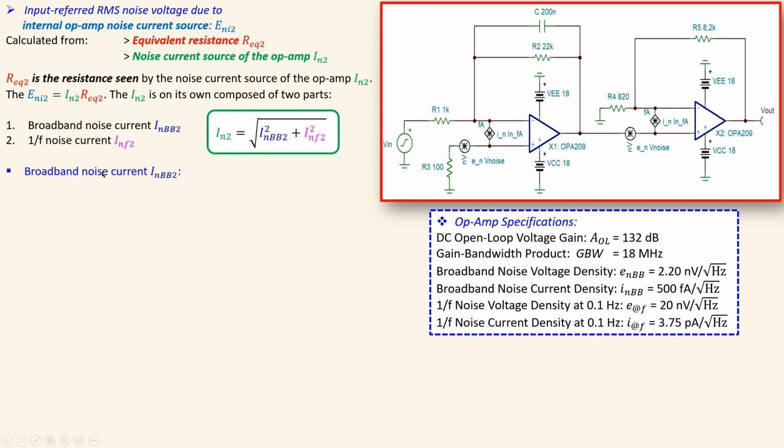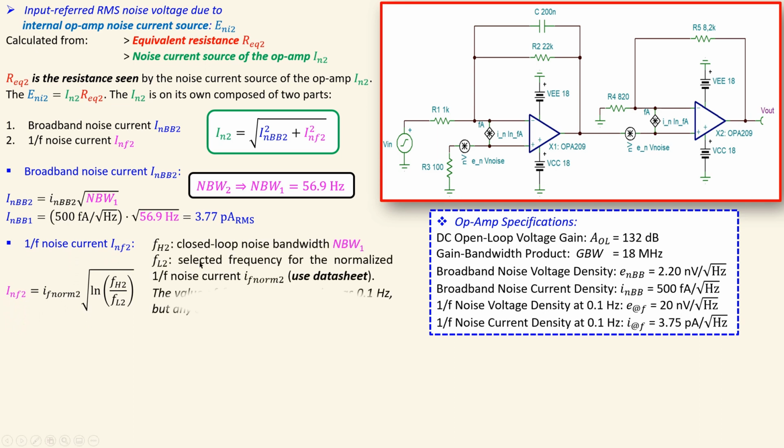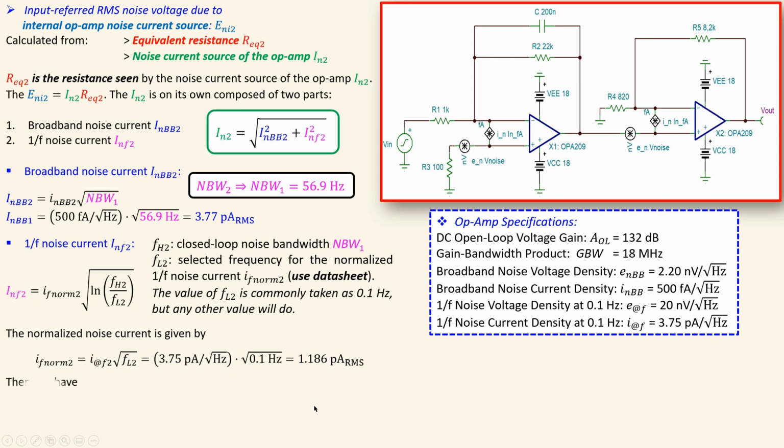Now again, for the broadband noise current, very important, we consider only the noise bandwidth of the first stage, using it also for the second stage because it is in cascade. For the broadband part, we have this value, and for the 1/f noise part, we have the required elements, and we have then this value.